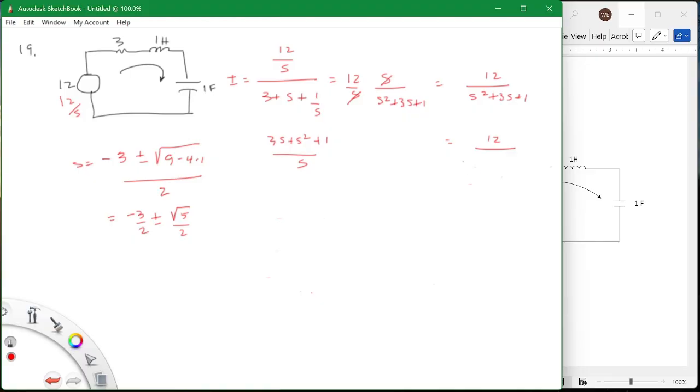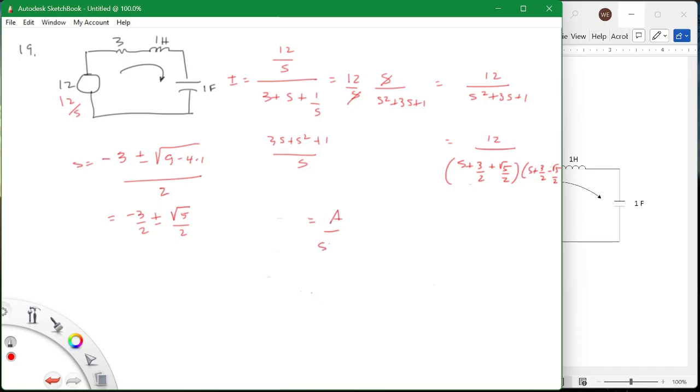It's s plus 3/2 plus square root of 5 over 2 times s plus 3/2 minus square root of 5 over 2. Okay. All right, so how do you write this one?